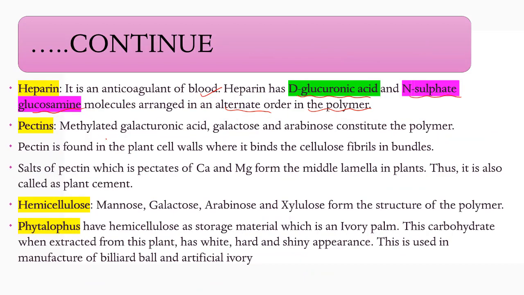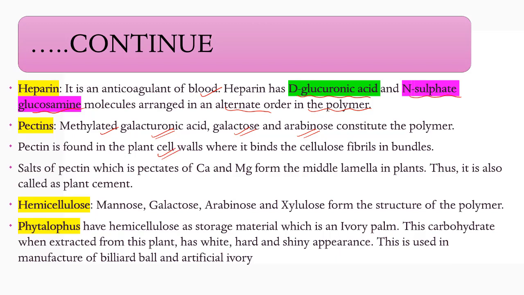Pectins. Pectins are polymers of methylated galactonic acid, galactose and arabinose. So in pectins there are three constituents: arabinose, galactose, and methylated galactonic acid.